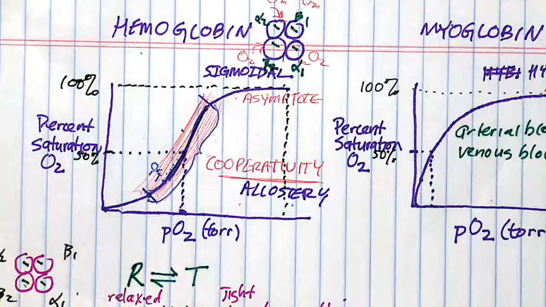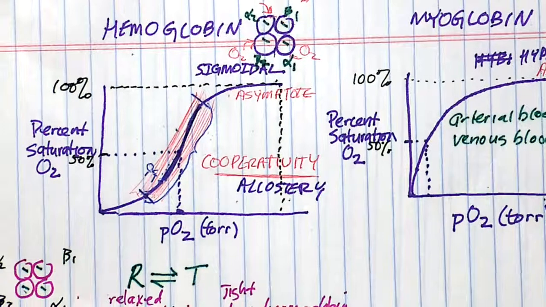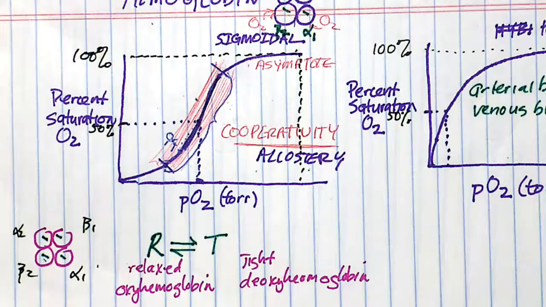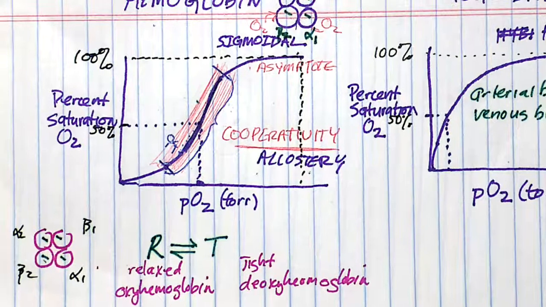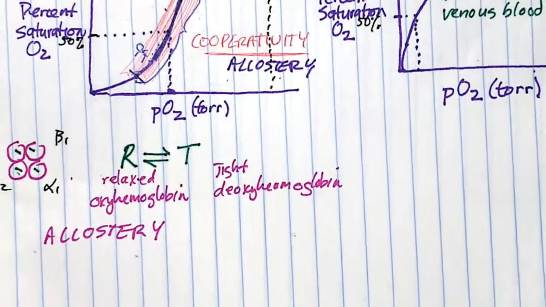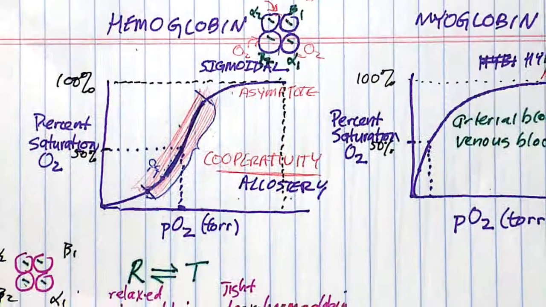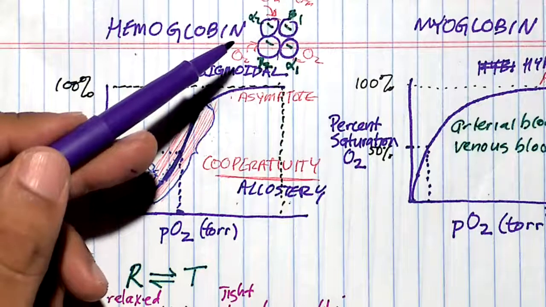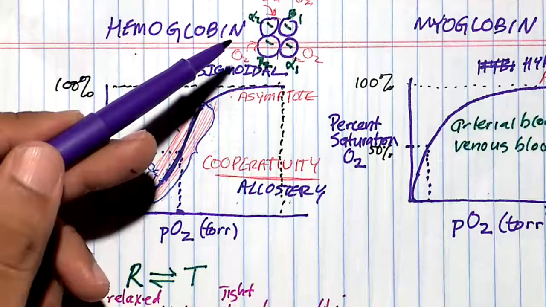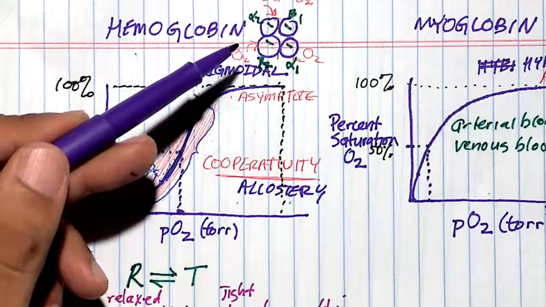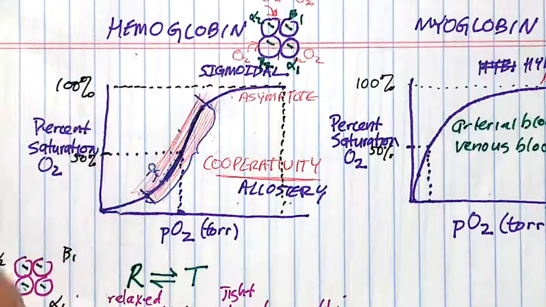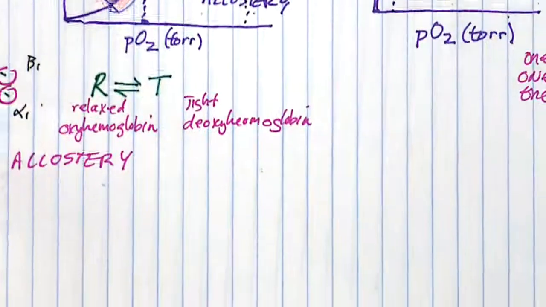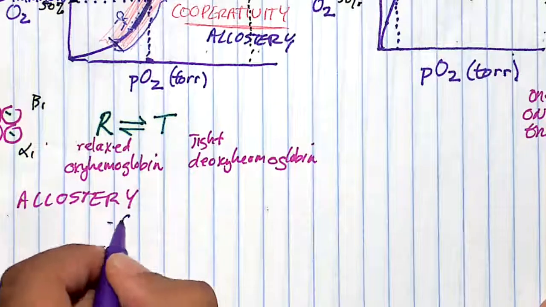I liken it to the contrast on your television set. You can have the contrast all the way up, all the way down, or halfway in between. So it's more of a fine tune. Allostery implies that some molecules can come in and regulate the affinity of oxygen binding to the heme prosthetic group of a hemoglobin subunit. So what are these allosteric effectors?